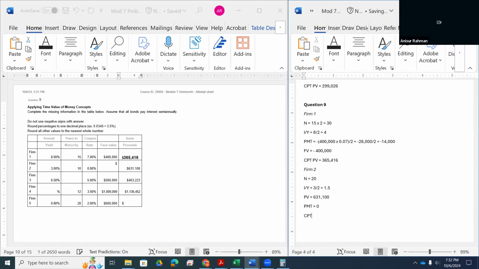So if you compute future value, you should get $850,000.